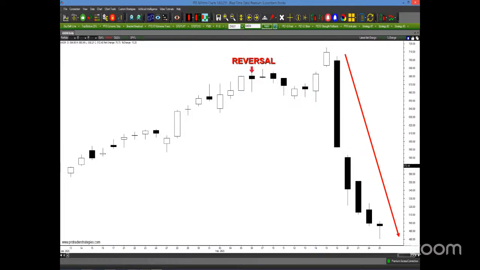So you have to know how to re-enter. I teach you a very advanced way of getting back in that will help you not only make up your loss, but capture gains along the way. This is just one of the ways we teach you in the course on how to apply the PTR.